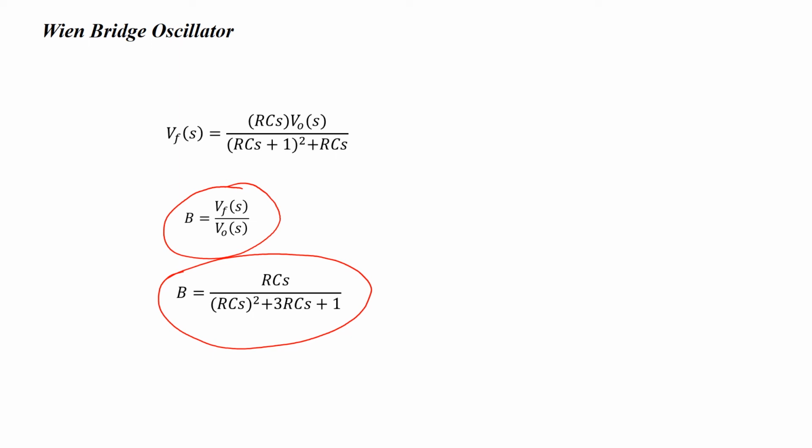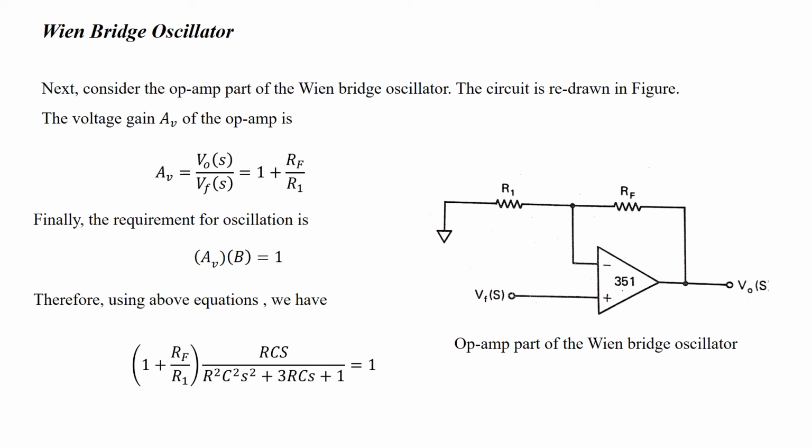where B is the feedback path gain. Now we consider the op amp part of the Wien bridge oscillator, and this is as shown in the circuit. From here we can write AV(s), that is the gain of the forward path, is V0(s) by VF(s), which is equal to 1 plus RF by R1.